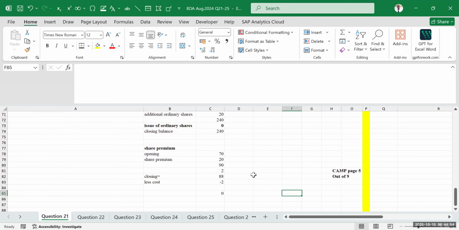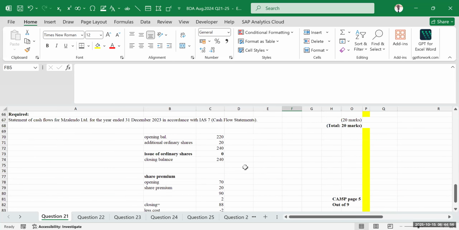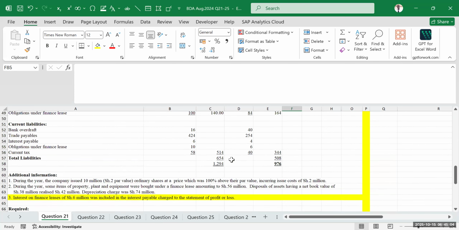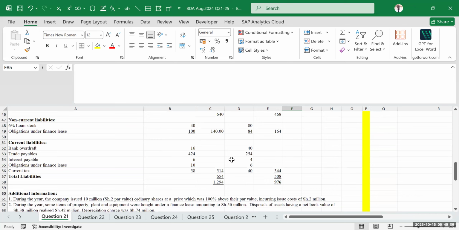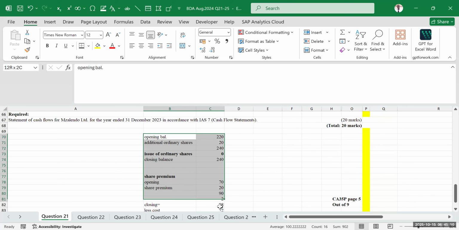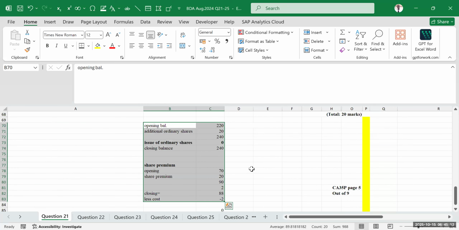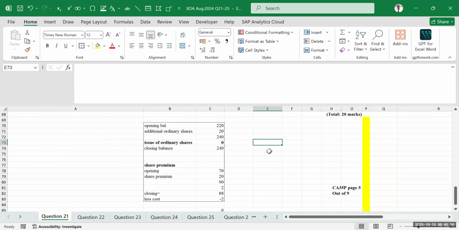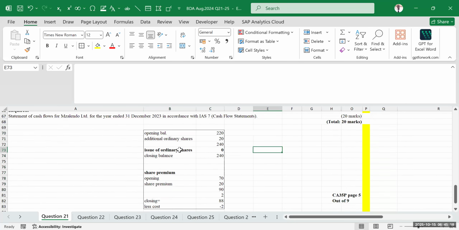No. What I said, Mercy, was very simple. I didn't mention that we assume issue of shares. I remember very well, I said the ordinary share capital account is affected by various factors. Movement in the ordinary share capital comes out of various factors. I'm not deleting this yours. Let me just put it there because you might say I'm biased.